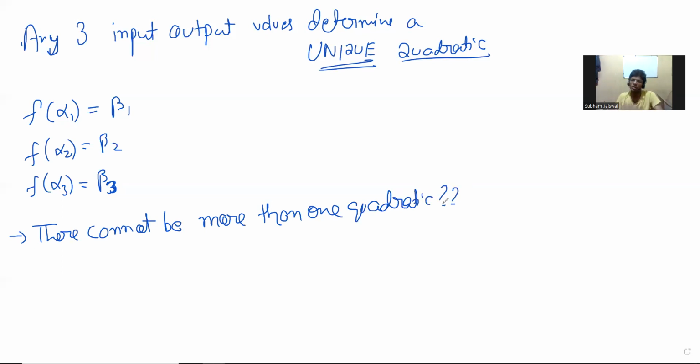And how do you think about such a thing? Well, because there are three variables and you get three equations, you should get a unique solution. That's a rough reasoning. That can also be made precise, but that needs some other kind of language. But we try to prove it, because there are easier ways to prove it. So how do we say that there cannot be more than one quadratic? That is the first thing.